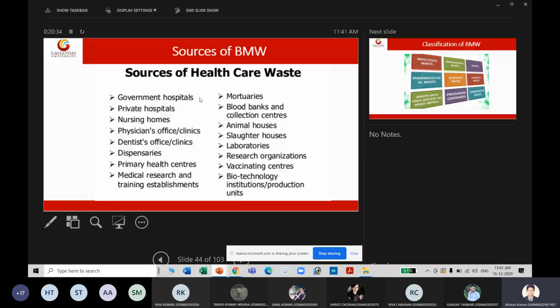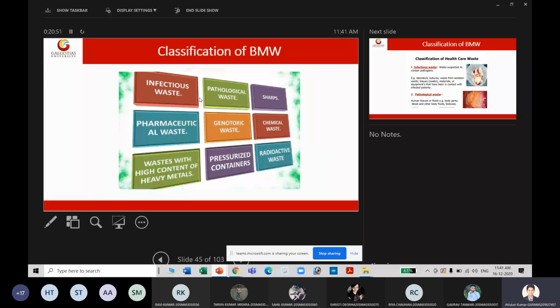So 1, infectious waste. Okay, write the next point: infectious waste, pathological waste, sharps and needles, pharmaceutical waste, genotoxic waste, chemical waste, waste with high content of heavy metals, so heavy metal waste simply, pressurized containers, and radioactive waste.